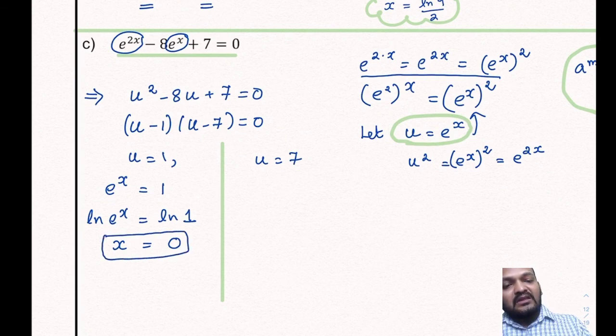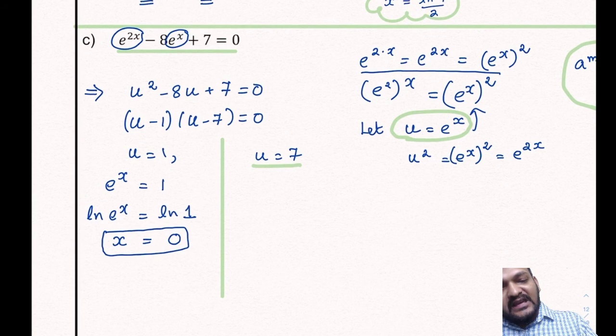Now let's take a look at the second possibility, that is u is equal to 7. I'm going to use the same approach, taking natural logarithms on both sides. Let me rewrite the equation. If I resubstitute, I have e to the x equals 7.